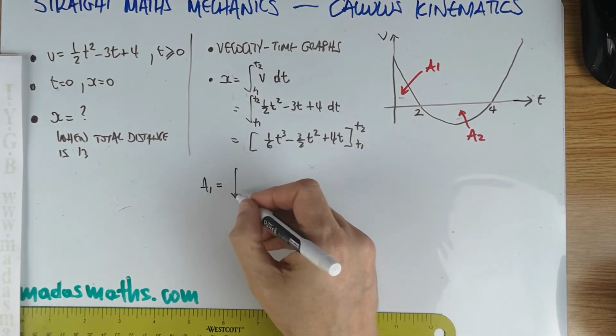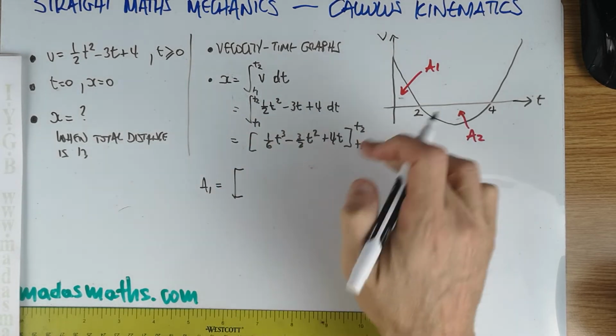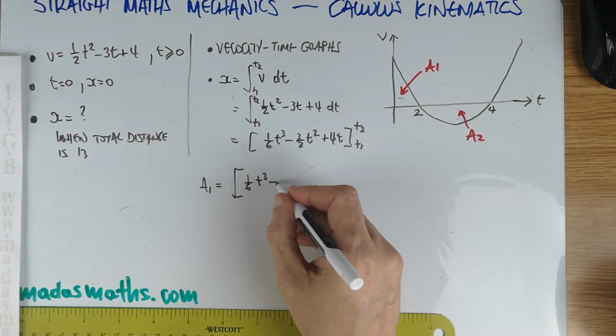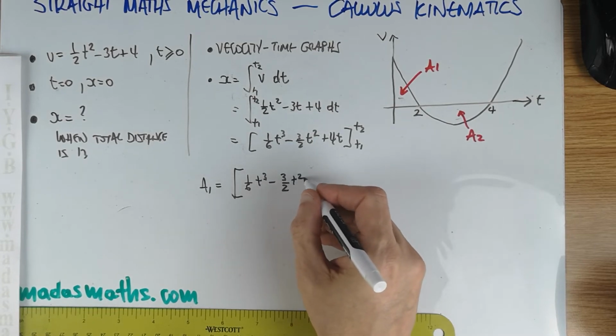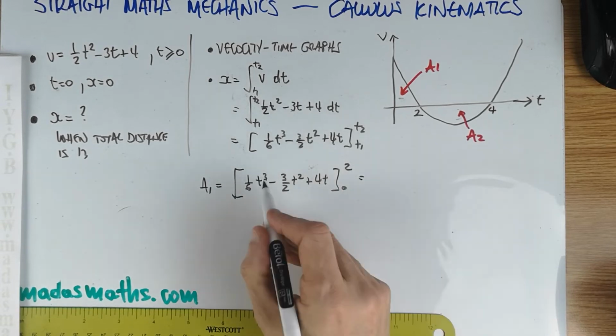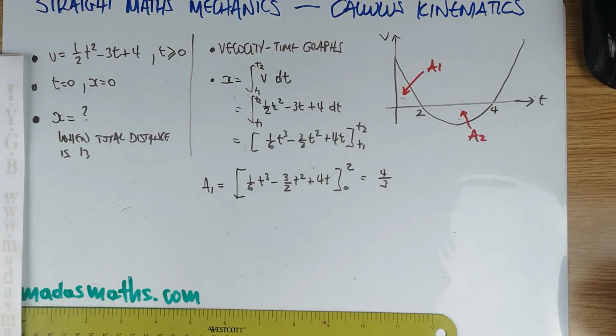quite clearly, is the integral, well, not the integral, because I have an expression for that. 1/6 t cubed minus 3 over 2 t squared plus 4t between 0 and 2. 8 over 6, 4/3.